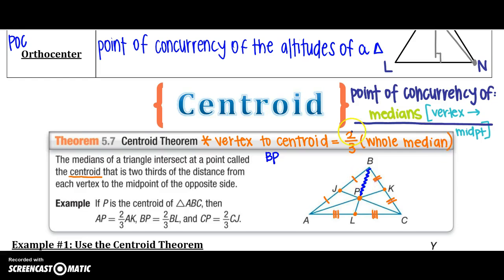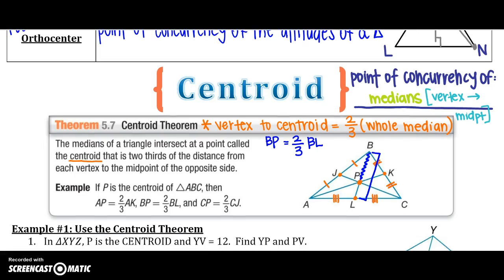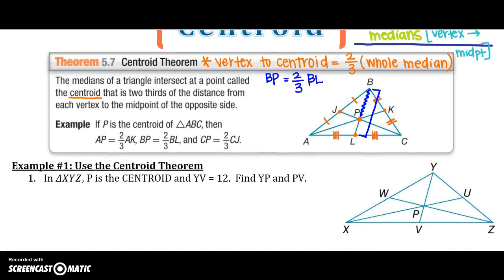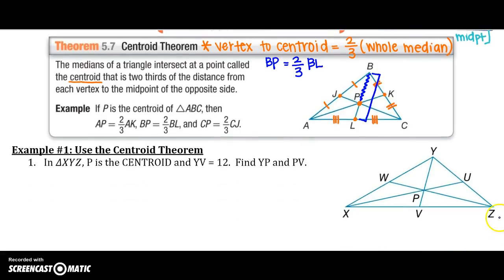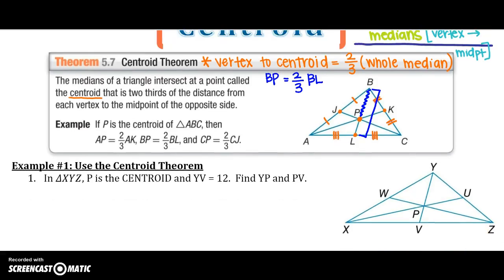So BP equals 2/3, and the whole median there is BL. That equation can be used when we're talking about the whole median. We'll get to another type of equation similar to that one that we can use when we talk about the parts. So using that equation here, we have in our triangle that P is the centroid.